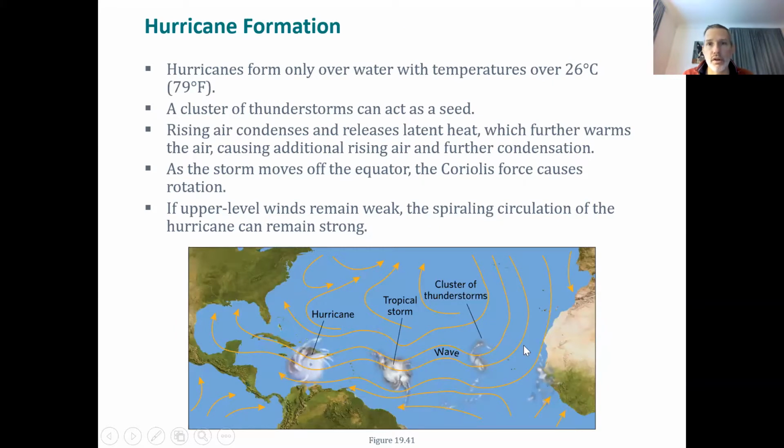So the conditions that are going to be favorable, again, the energy source for these hurricanes are the warm tropical waters. Now the rotation associated with these is going to be associated with the Coriolis effect, which deflects to the right in the Northern Hemisphere and to the left in the Southern Hemisphere, which means that if you're right on the equator, the hurricane doesn't know which way to go, and so it will never form.